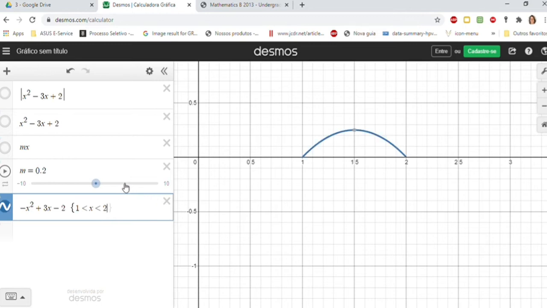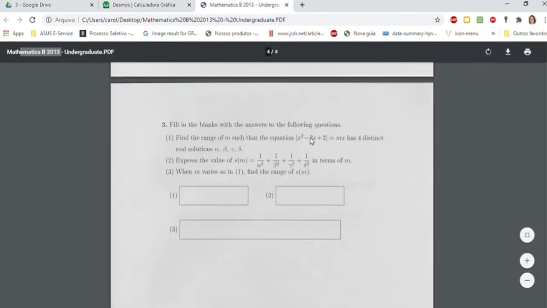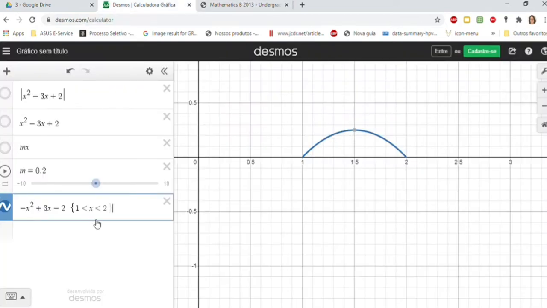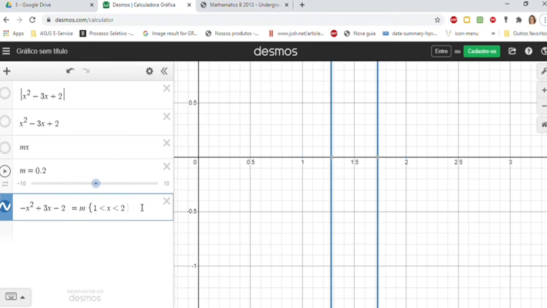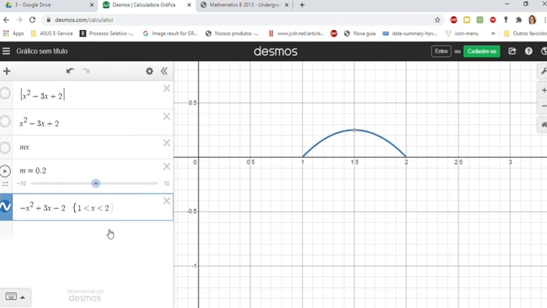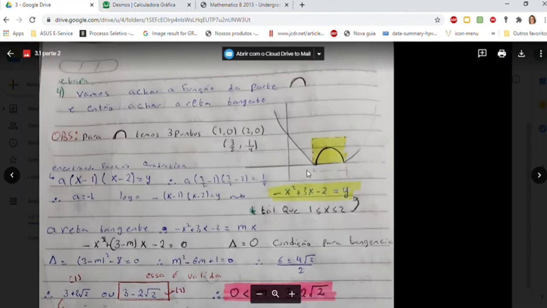You see? If you solve it like a modular function, you will find this part. So this is the equation of this arc over here. And I'm going to say that this part over here is equal to m of x. M of x, okay? This part over here is equal to m of x.